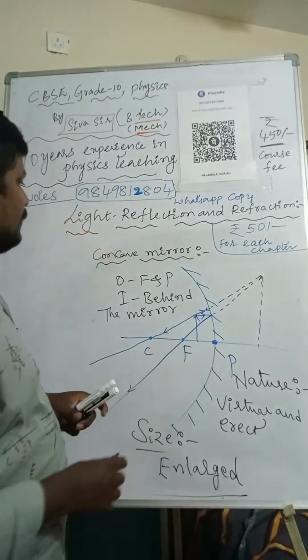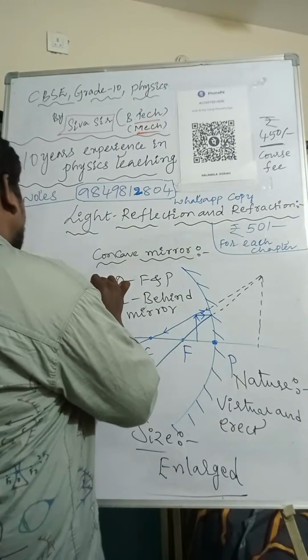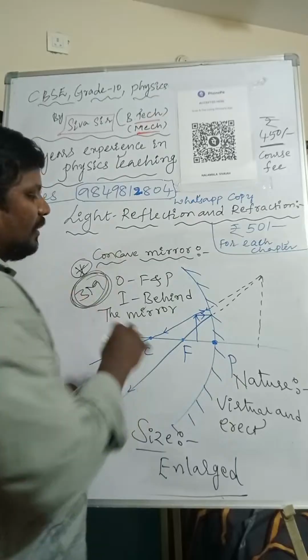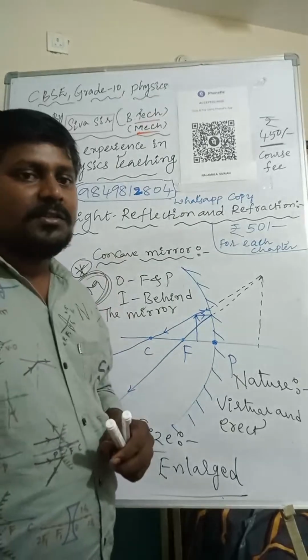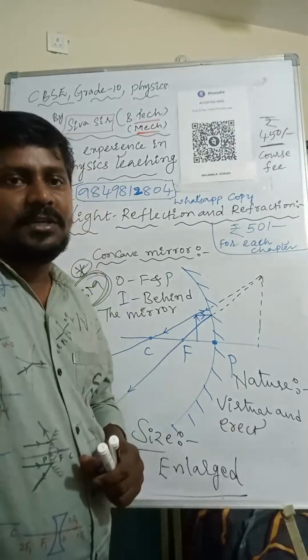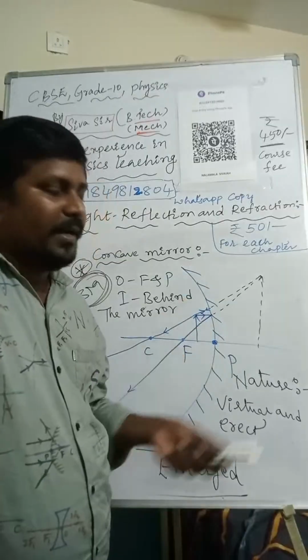Right? So this is very, very important. This question they'll ask for 3 marks. Make sure that you know where you will get a virtual, erect and enlarged image. In a concave mirror, what is the position of the image? If you place the object between F and P, the image will form behind the mirror.